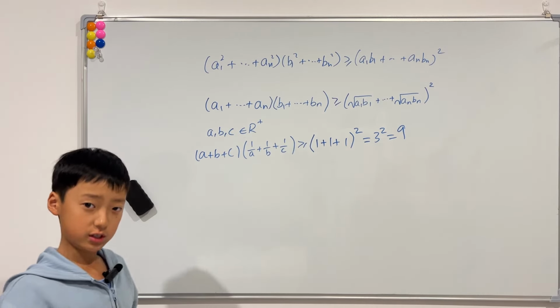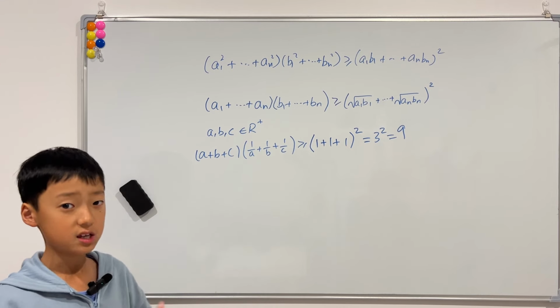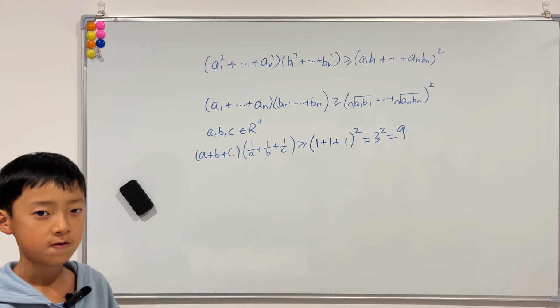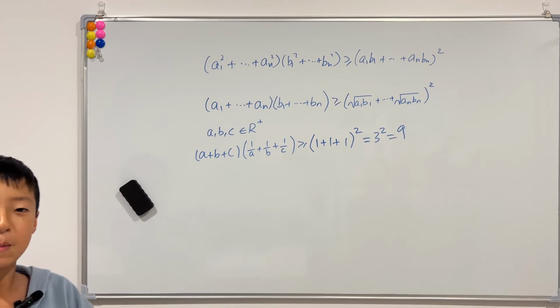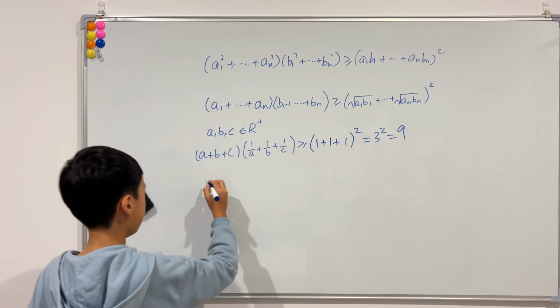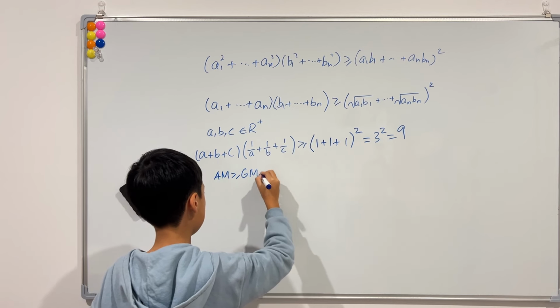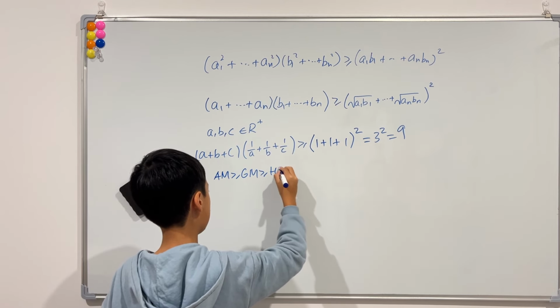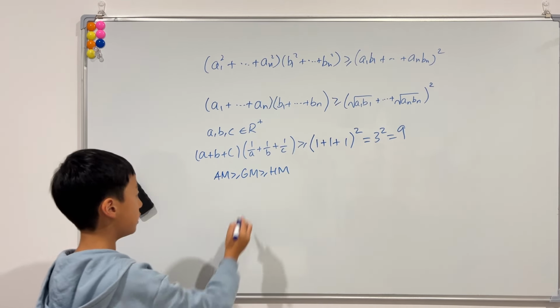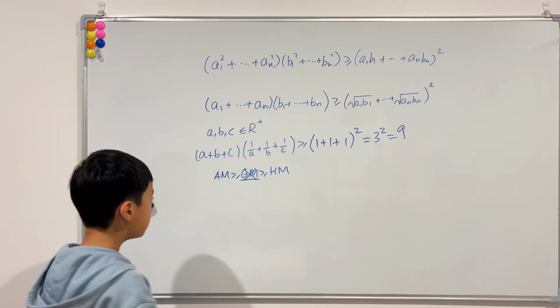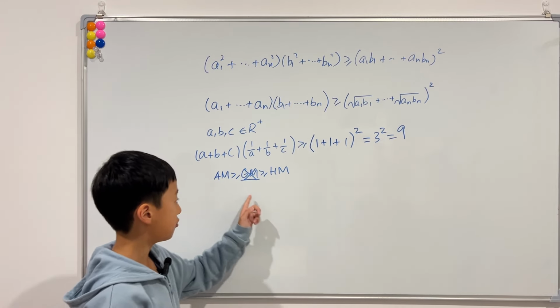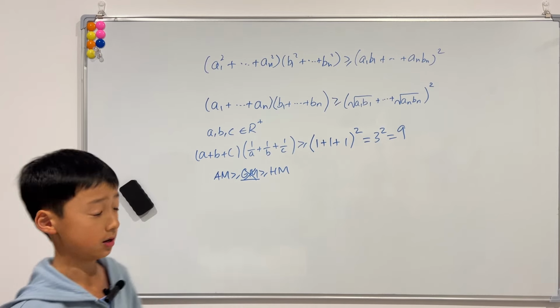So we have proved it. And for this question, we don't necessarily need to use the Cauchy inequality. We can also use the AM, GM, HM formula. So we know that AM is greater than or equal to GM, which is greater than or equal to HM. But in this question, we don't have GM. So I'm just going to use the AM greater than or equal to HM formula.